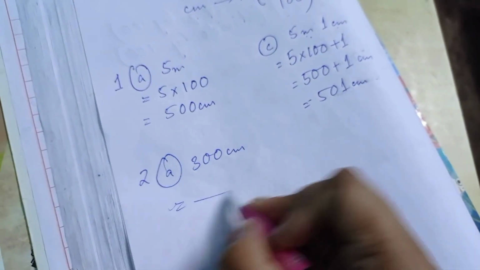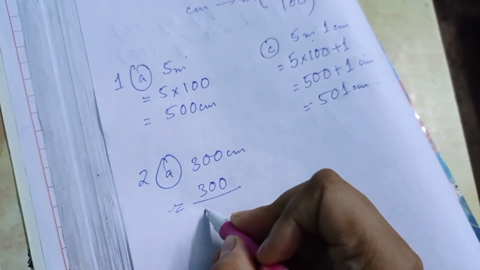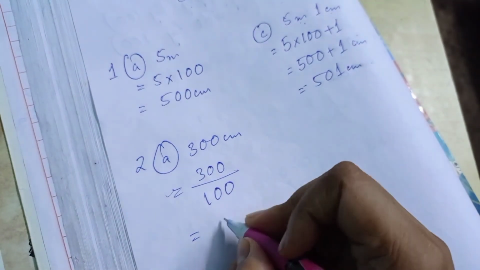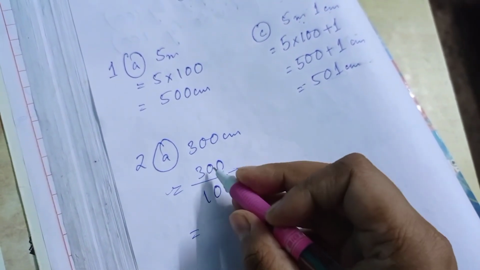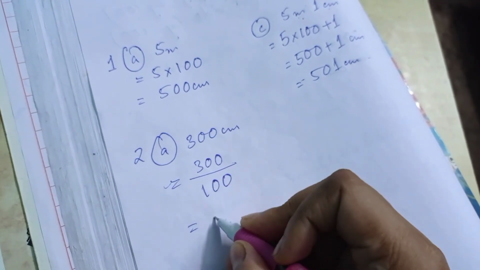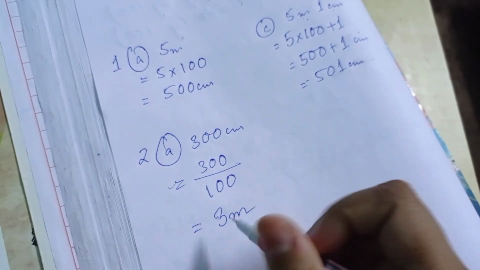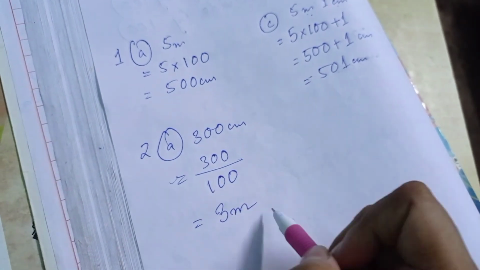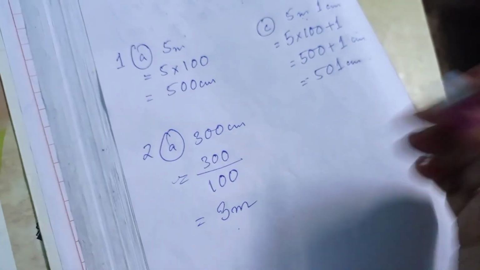So 300 divided by 100 is what? The last two digits used to be in centimeter, and whatever is left out used to be in meter. So 3 meter. Or if you divide, you will get the quotient as 3, and that will be the meter.